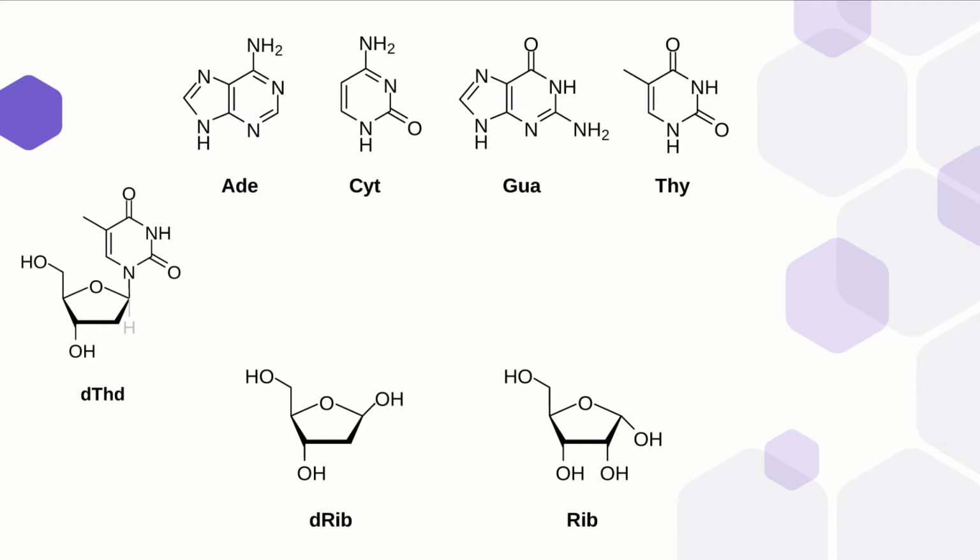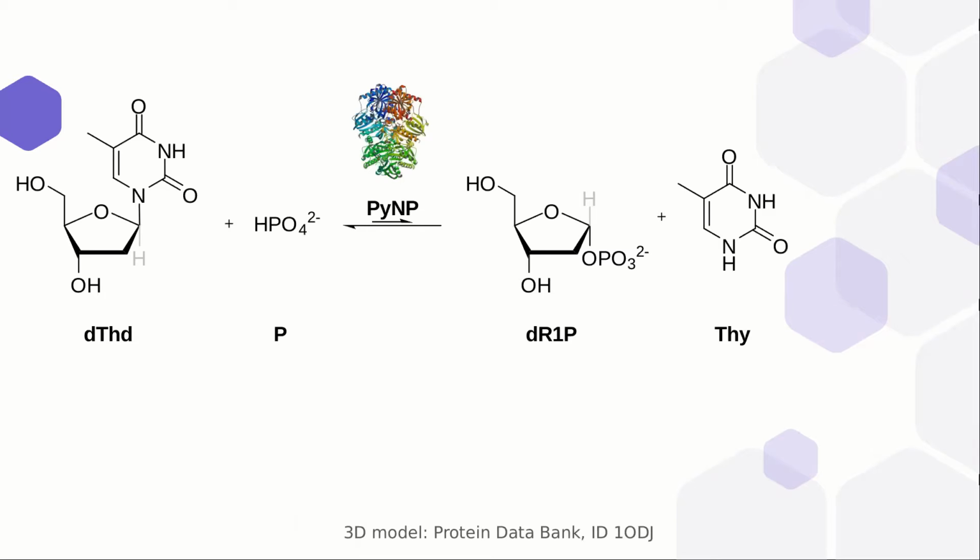And this is then a nucleoside and a nucleobase on top. So the reaction we looked at is this: you take a nucleoside to the very left, deoxythymidine, and then you add phosphate and an enzyme. And what it does is it detaches the base and couples a phosphate. And this is what we did.